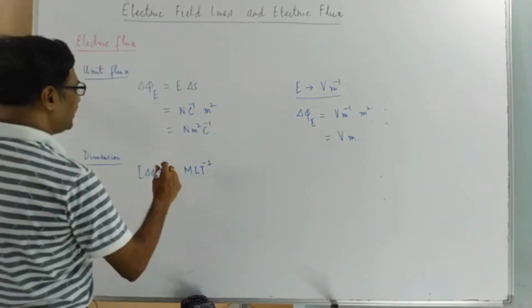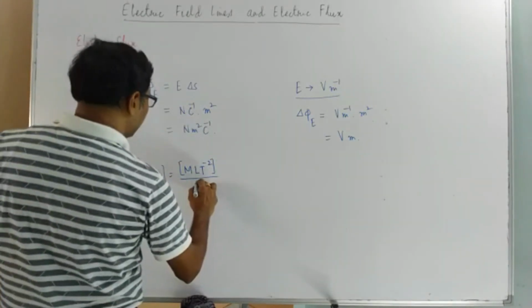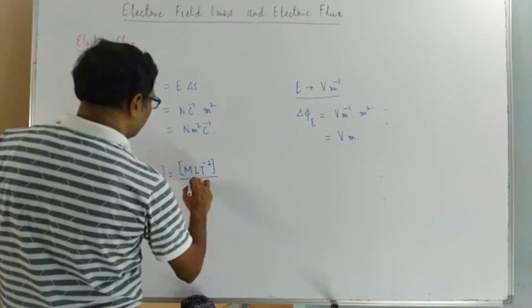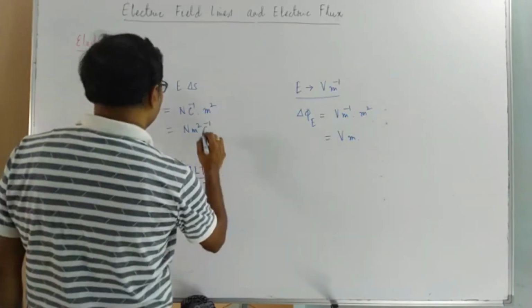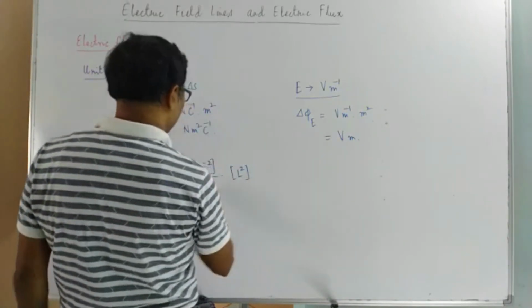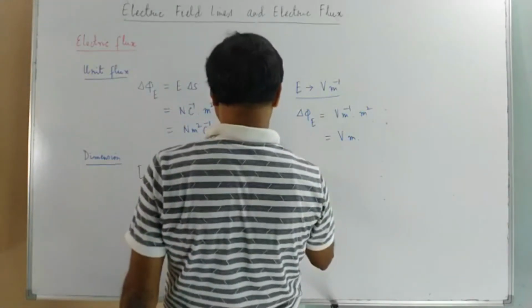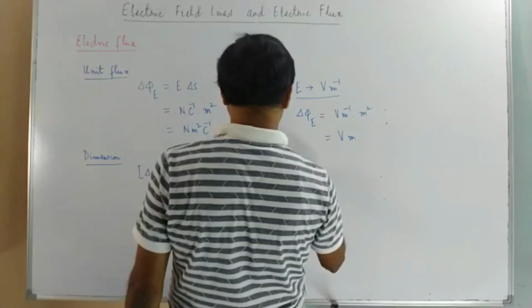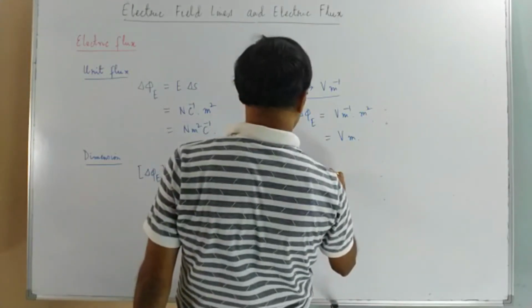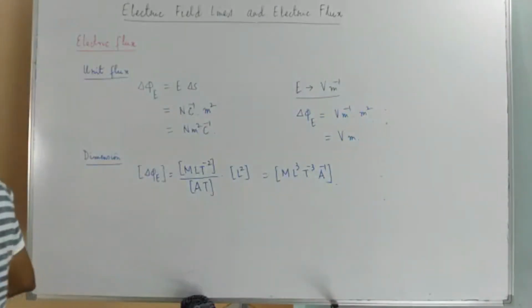Coulomb means ampere second, so ampere into time. And you have meter square. If you simplify this, you get the dimension of electric flux.